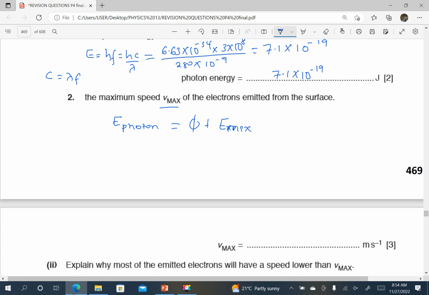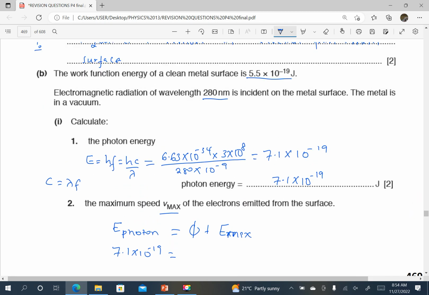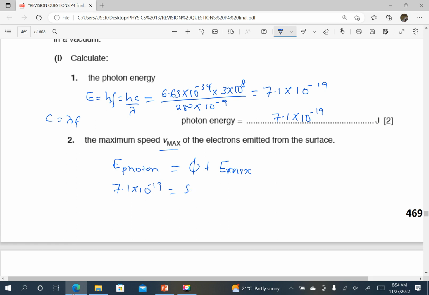The energy of a photon we have calculated as 7.1 times 10 power negative 19.